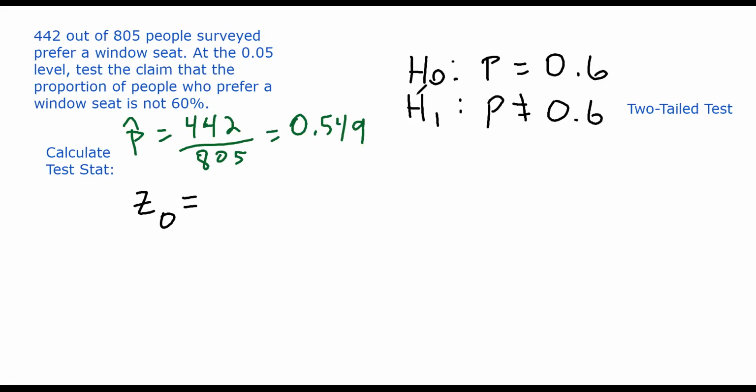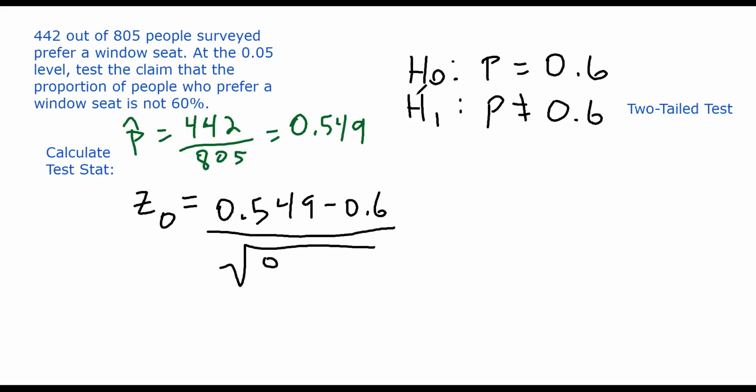Now, remembering the test statistic formula here: P hat minus P naught, the hypothesized value of the proportion, which means it's going to go negative, which is totally fine, divided by the square root of all this business. Let me write it a little better than that. Divided by 805, all inside the square root.